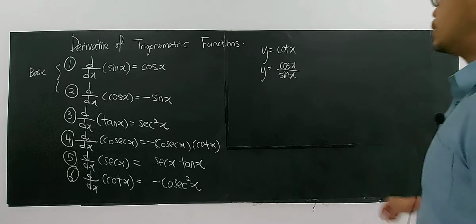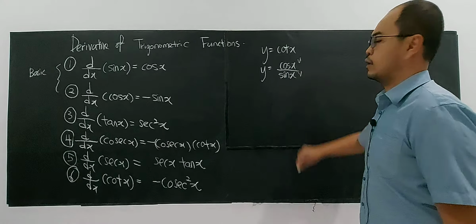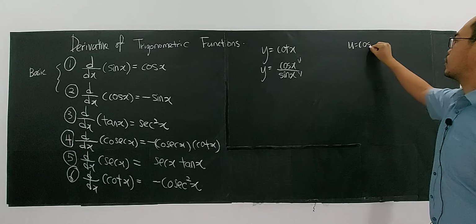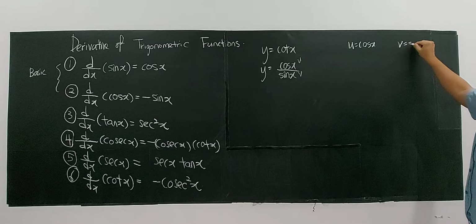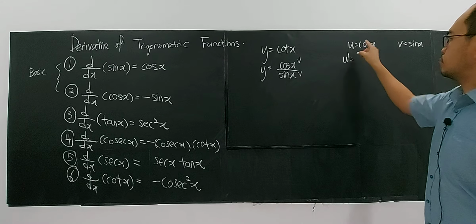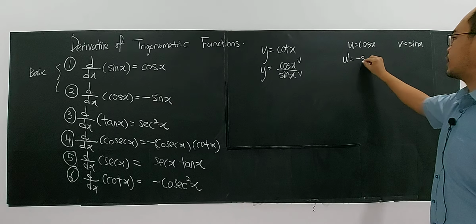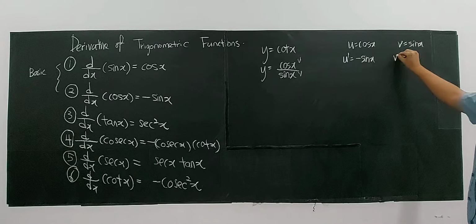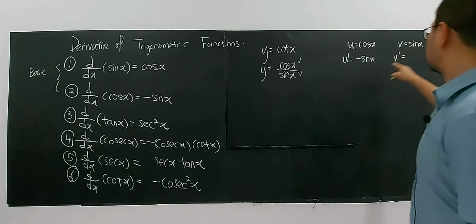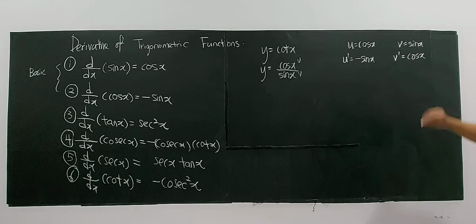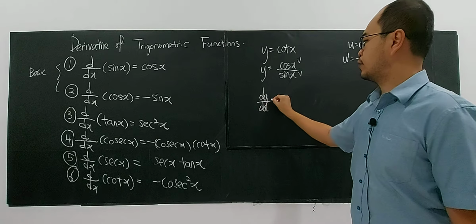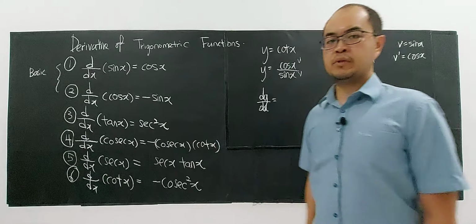Alright, so you can see that you can apply the quotient rule. So you have u to be cos x and v to be sin x. So of course differentiating cos, you're getting negative sin x. Differentiating v, which is sin x, you're getting cos x. Okay, apply the quotient rule. You can refer to the derivation of formula number 3.